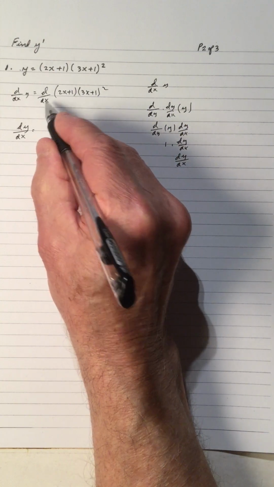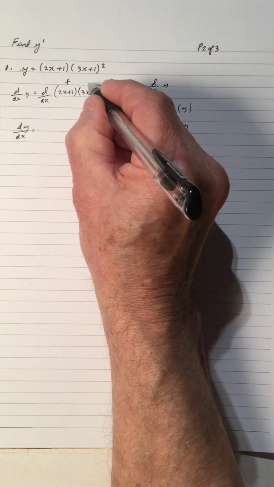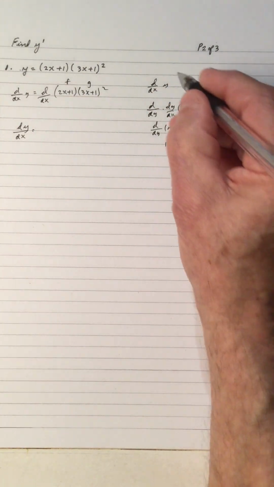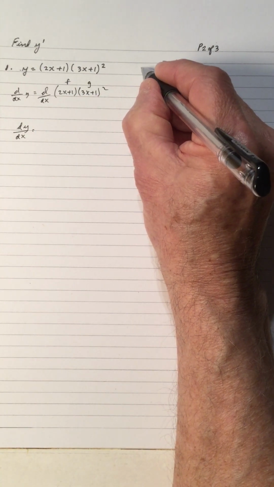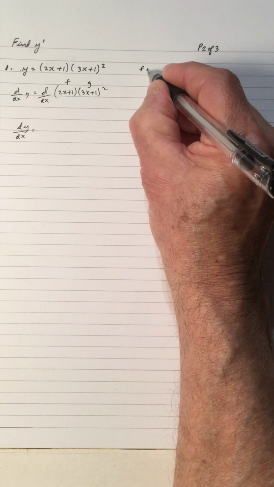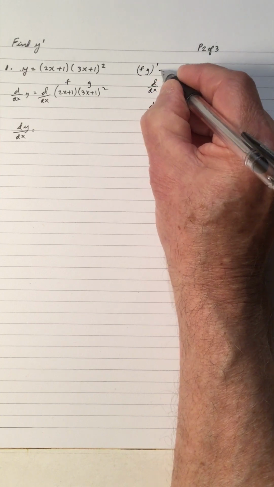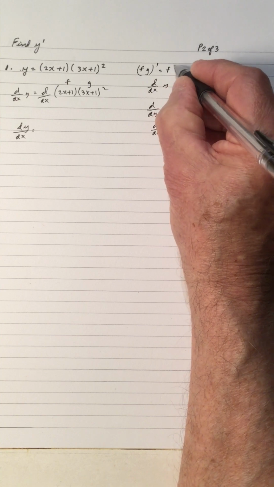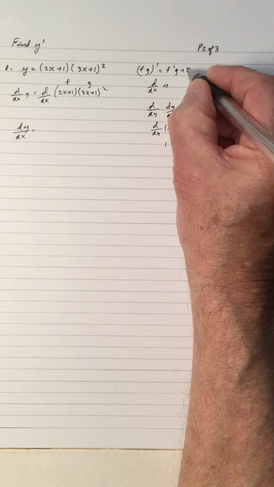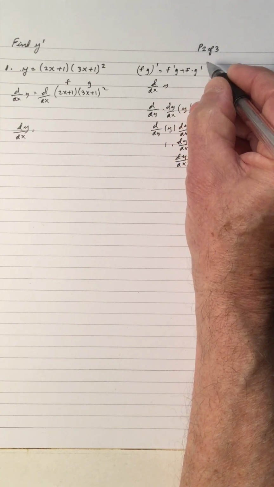Now we do the derivative of this in terms of x, because all x is here, so d dx. So this is f and g, so that's f times g. That's the product rule: the derivative of f times g plus f times the derivative of g.